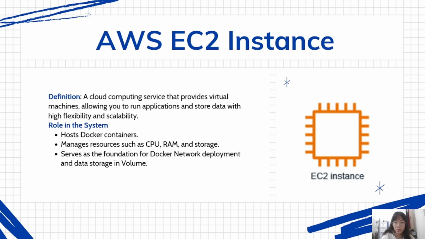In the system, the EC2 instance provides the necessary infrastructure for deploying and managing the Docker containers. It manages the Docker network and ensures the scalability and high availability of our application. It also serves as a repository for data storage, specifically for the app volume used by the MongoDB container.